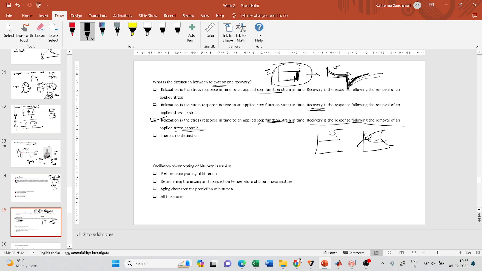Okay. Now, oscillatory shear testing of bitumen is used in what? First question is, it is used in the performance grading of bitumen. So all of you must be aware of what performance grading is, right?